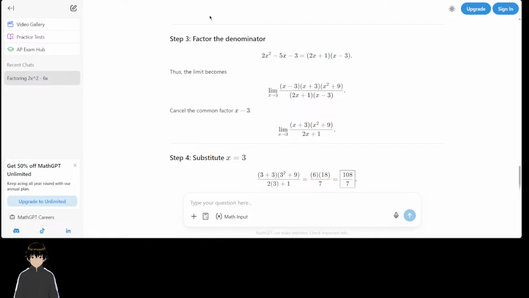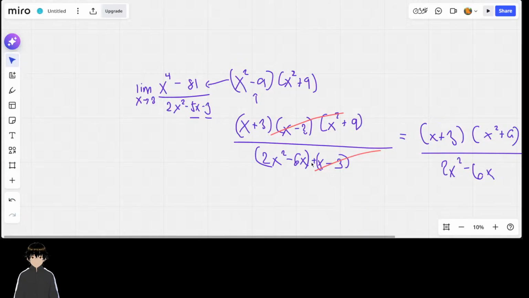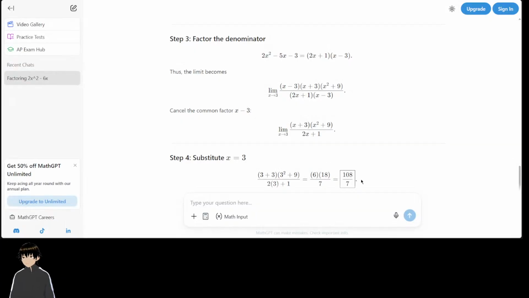I thought it was like this. This is negative 6x plus x. And we have x minus 3 here. So what happens to negative 6x? It just disappeared? What?